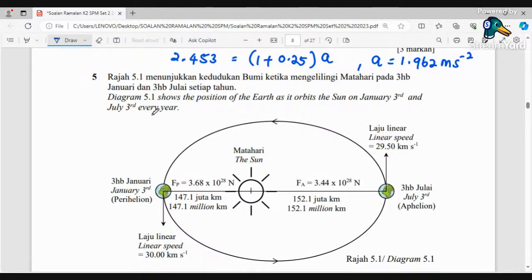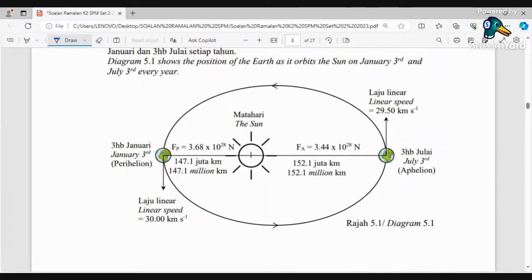Number 5. Diagram 5.1 shows the position of Earth as it orbits the Sun on January 3rd and July 3rd every year. The position far from the Sun we call aphelion. The position nearer to the Sun we call perihelion.